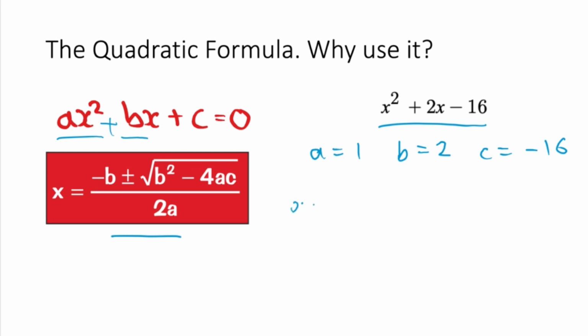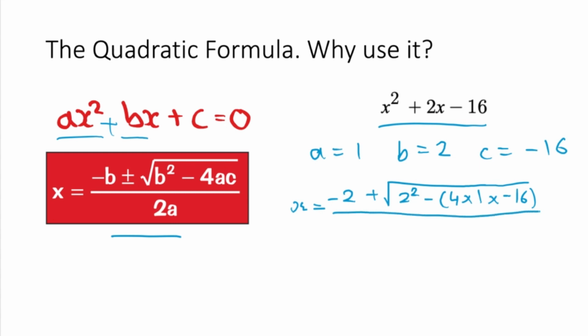So x equals minus 2 plus the square root of 2 squared minus 4 times 1 times minus 16, over 2 times 1. And then you do the same thing but for a negative value, because with this formula there's a positive and negative, so you have to do both positive and negative.